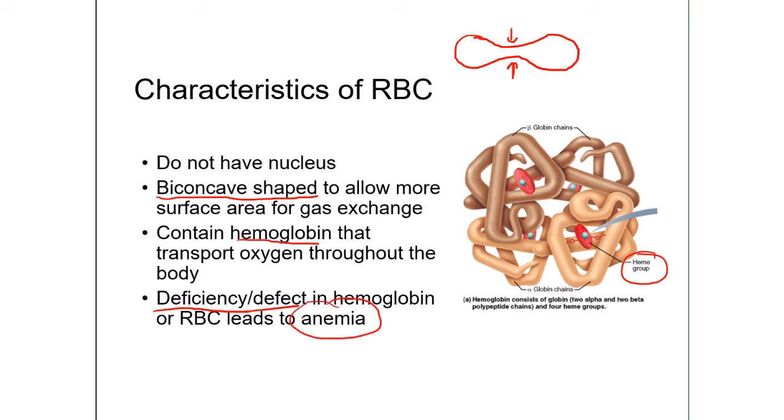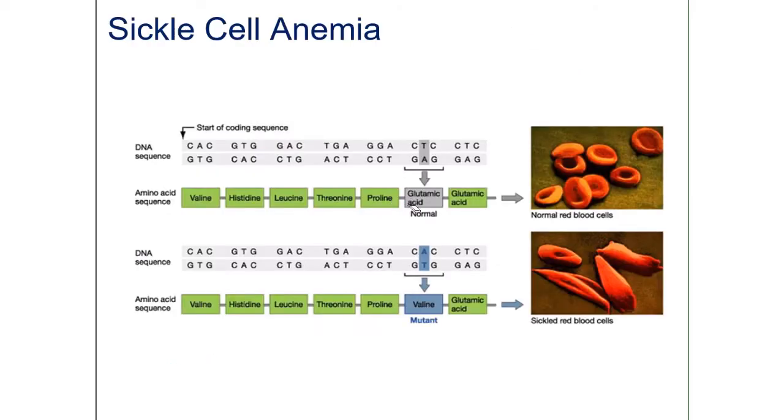So in sickle cell anemia, for example, there is a mutation in one of the nucleotides in your DNA sequence.